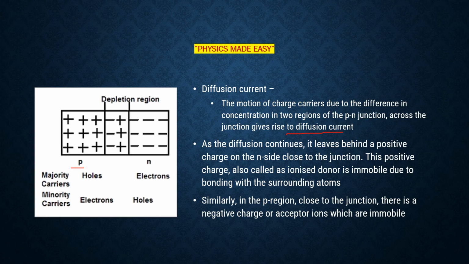As the diffusion continues, it leaves behind a positive charge on the n side close to the junction. This positive charge is called the ionized donor and is immovable due to bonding with the surrounding atoms. Similarly, in the p region close to the junction there is a negative charge, or acceptor ions, which is also immovable due to bonding with the surrounding atoms.